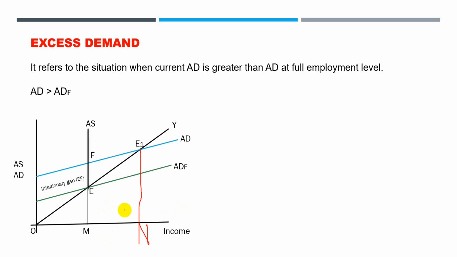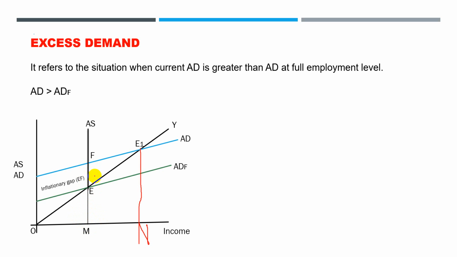Thus, in this diagram, full employment level of output is OM. The aggregate demand required for full employment level is EM. Actual aggregate demand is FM. Therefore, inflationary gap is FM minus EM, which is equal to EF.